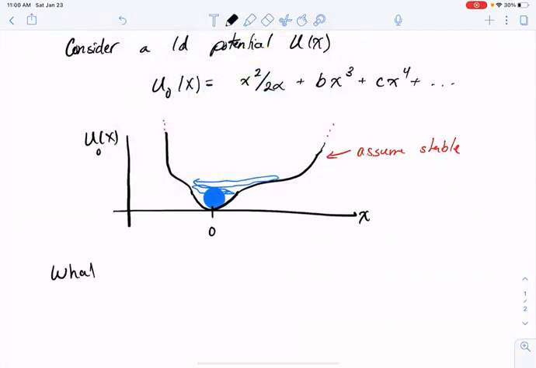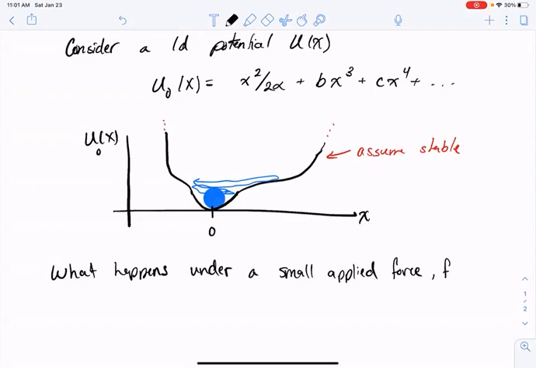Now let's ask the question, what happens under a small applied constant force? Let's call it little f, such that now the potential consists of a sum of the original potential minus f times x.